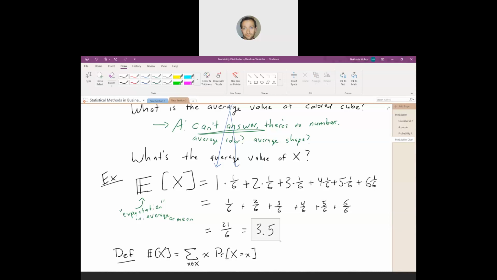If you do it 10 times, very likely, if you add it up and divide by 10, it will be close to 3.5. If you do it 100 times or 1,000 times, it will be even closer to the number 3.5. Maybe you get the number 4 after 10 times, but after 1,000 times, you get 3.505. Something that's much closer. So if you do this many, many times and then take the average of the numbers that you see, that's what the expected value is.